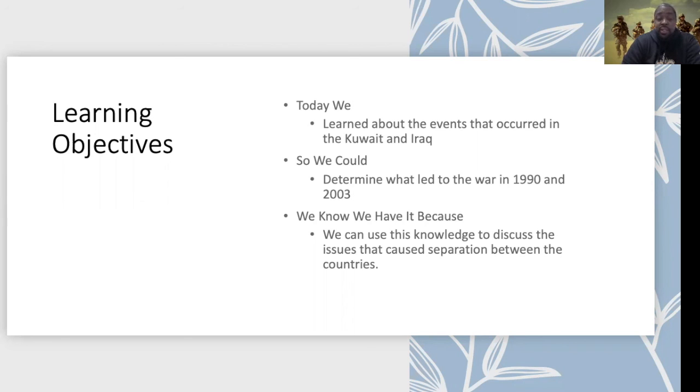We know that it was all because of oil. Saddam Hussein did not want the country of Kuwait to be in existence because he could not control the oil because of their own government.